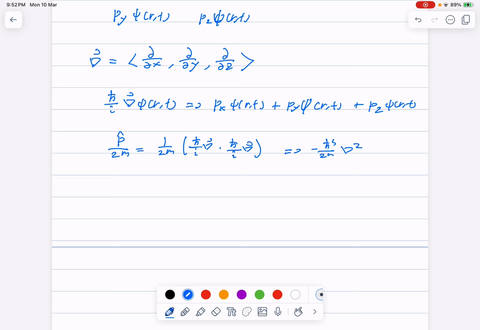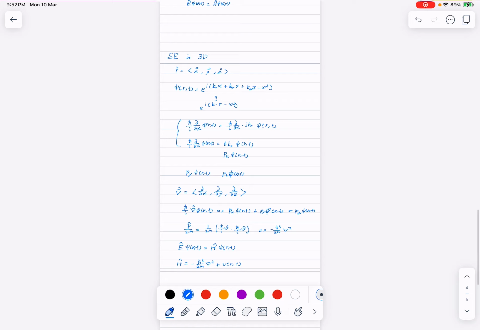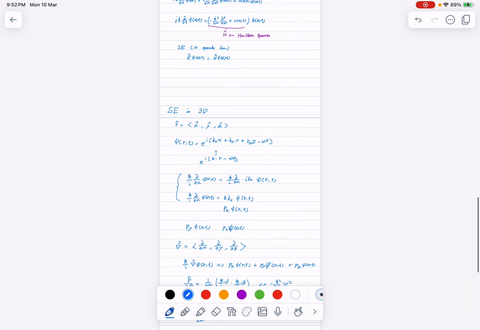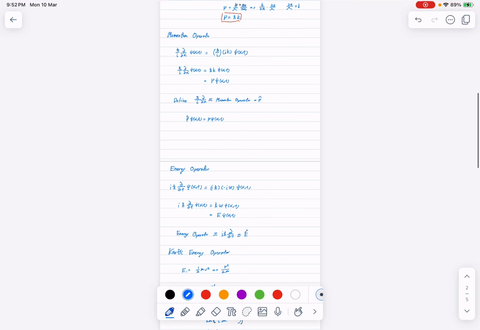Thus the Schrödinger equation we can still write the same way. The only difference is that our Hamiltonian operator now equals negative h bar squared over 2m times the Laplacian plus V(r,t). Notice the V also needs to be in 3 dimensions. And that is the derivation of Schrödinger's equation, the kinetic energy operator, and the momentum operator.